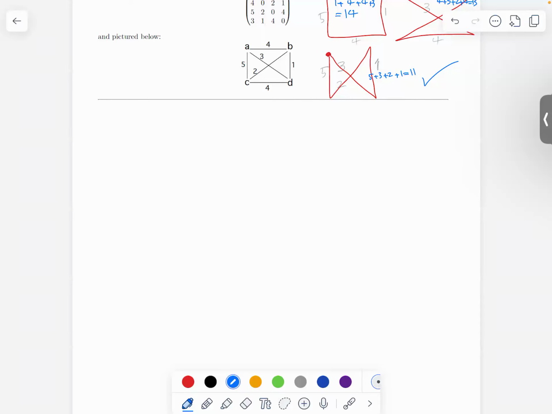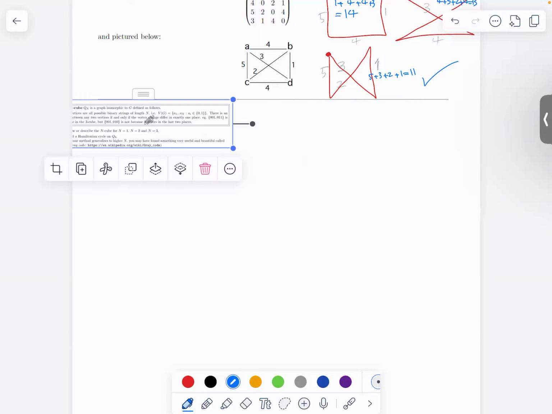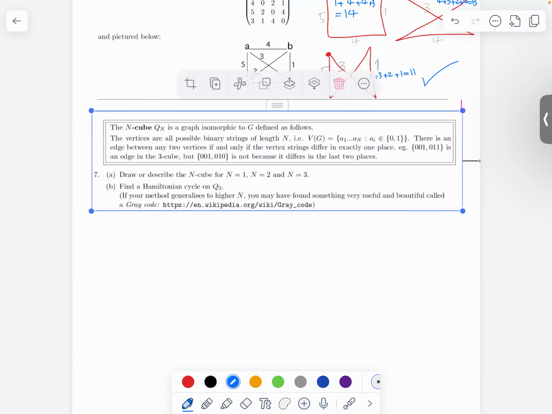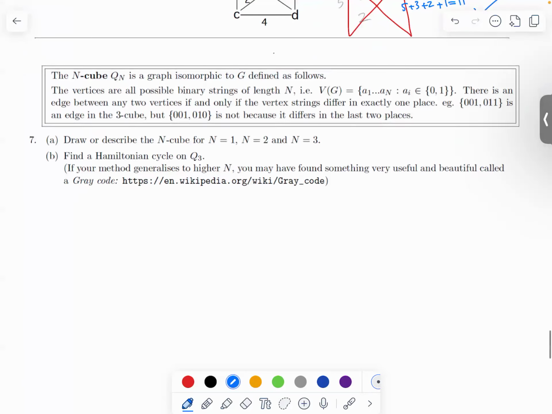Let's do this one. Right. So question 7 is about the explanation that is given to us in the box. All right.